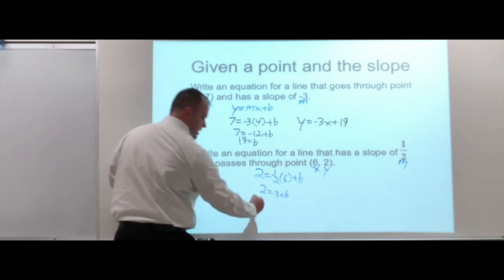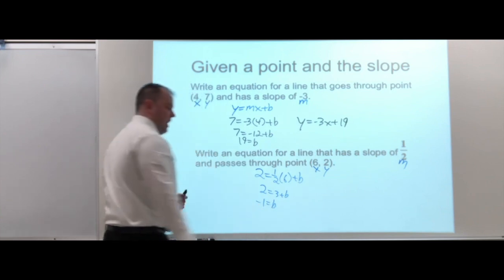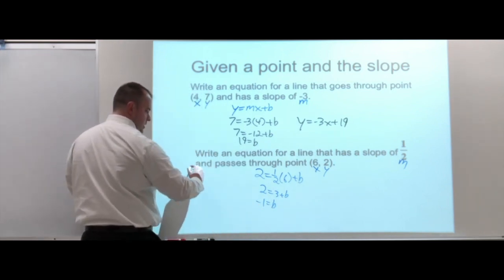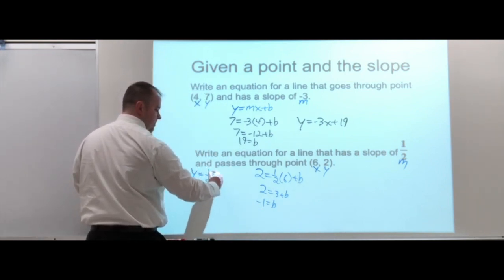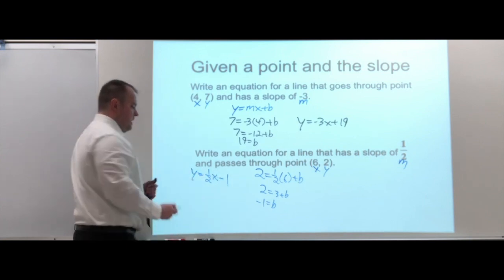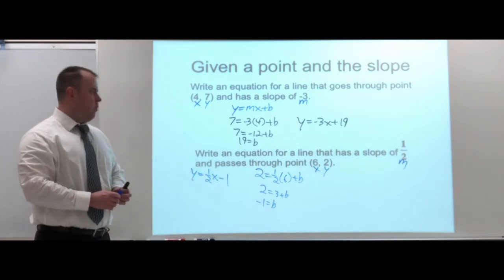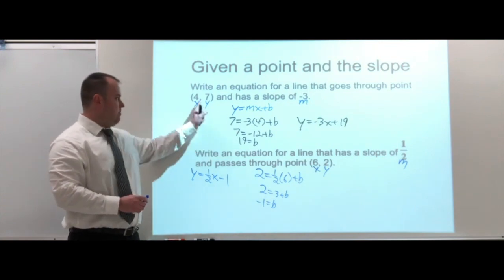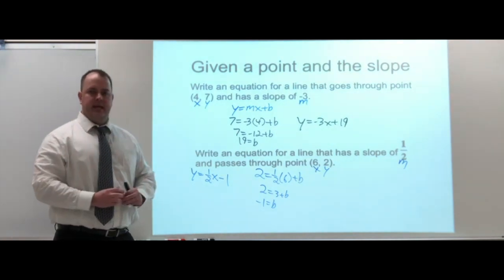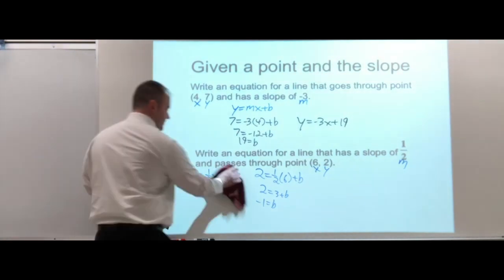Then subtract your 3. Our y-intercept is -1. y equals 1/2 x minus 1. Okay? Given slope and a point, you can plug in and then solve for your y-intercept.